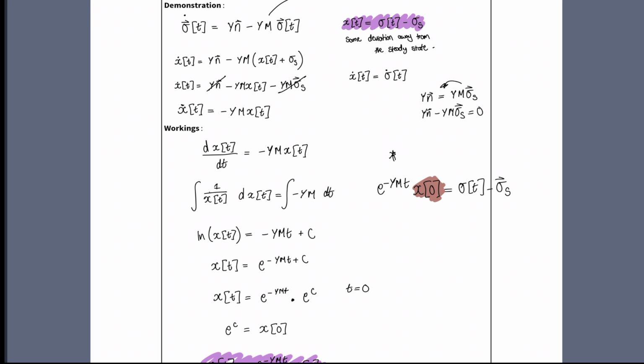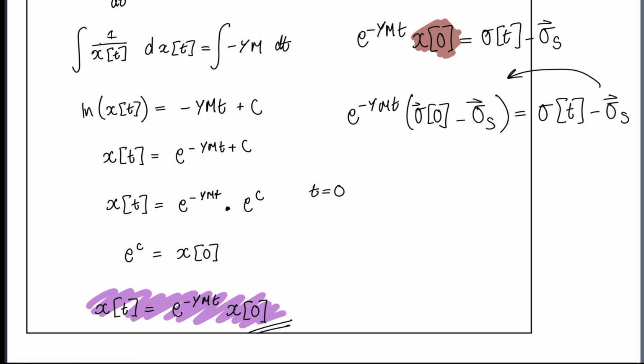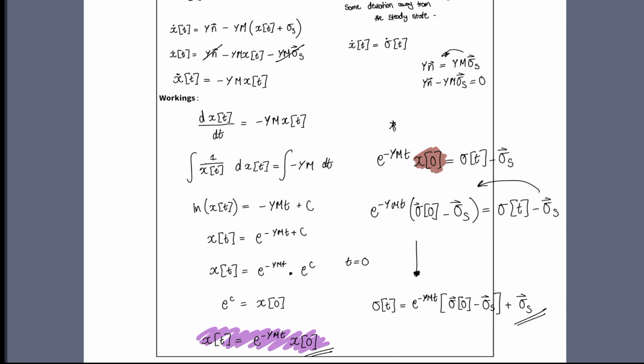So we're going to substitute this into this same equation, and what that gives us is e to the power of minus gamma M t, brackets, sigma 0 minus sigma s, is equal to sigma(t) minus sigma s. And so moving this to the other side, we get sigma(t) is equal to e to the power of minus gamma M t, sigma 0 minus sigma s, plus sigma s, which is what they wanted. Cool. Hopefully that all made sense, and that will be the end of question 1.